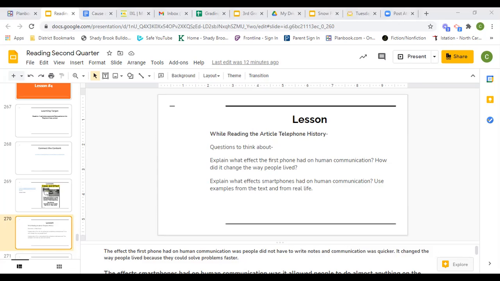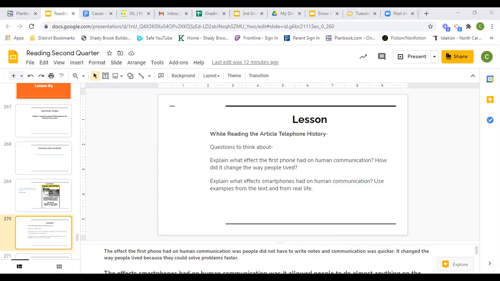So let's go back to our question. Our question said, explain what effect the first phone had on communication. How did it change the way people lived? Well, if we go back into the text, we can see that before people started to use telephones, people communicated through writing letters or talking face to face.